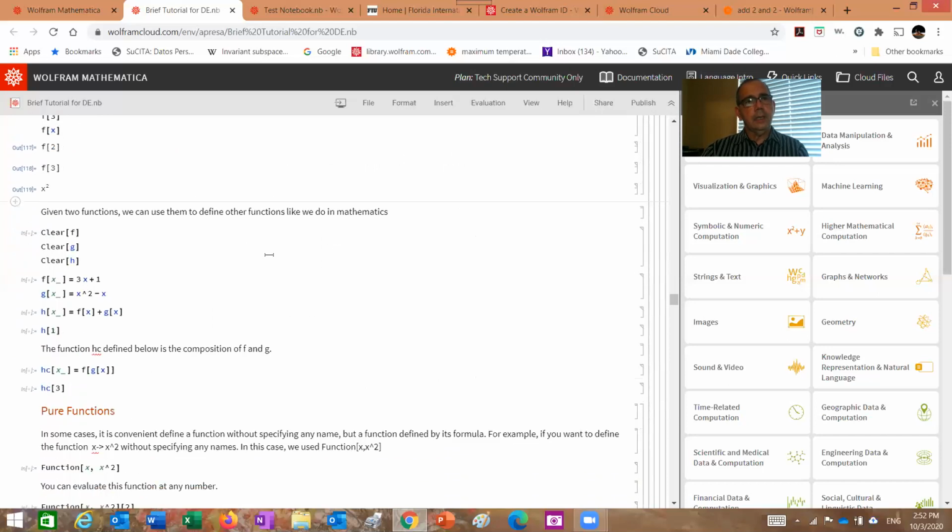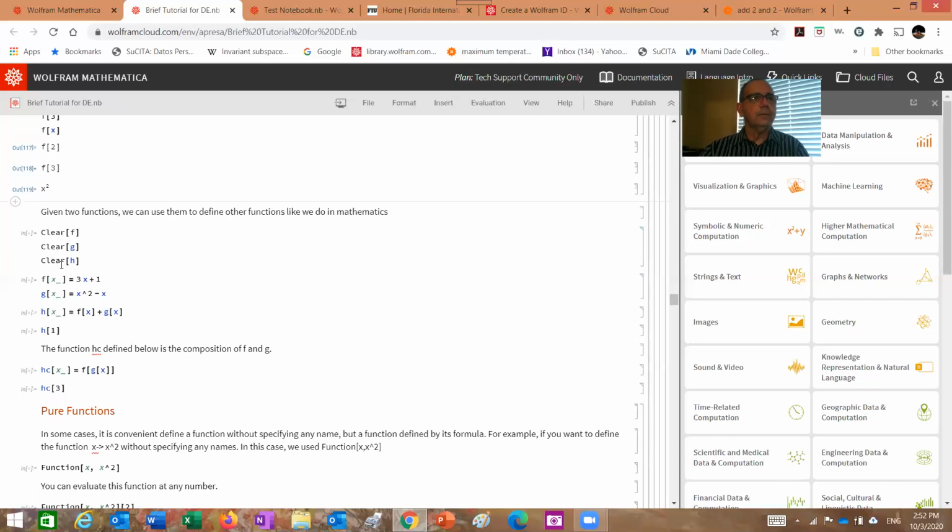And then there is a big advantage of using names for functions: every time that you are going to do a calculation with that function, you just use the function notation. That name, you have to evaluate at a number.